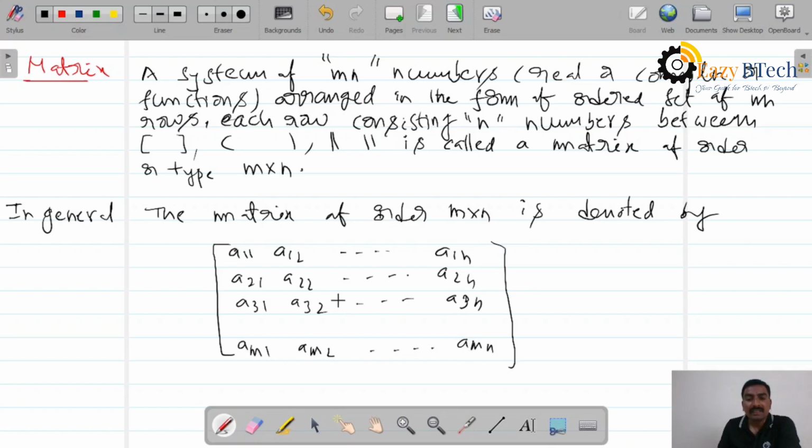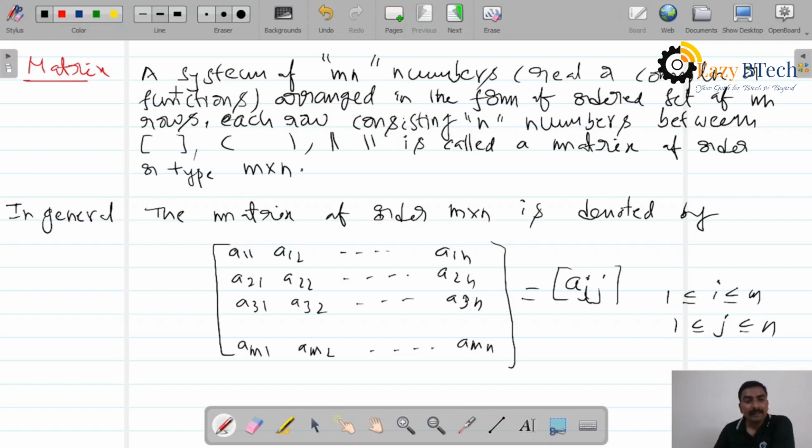For ease, it is denoted by a matrix Aij, where i is from 1 to m and j is from 1 to n.